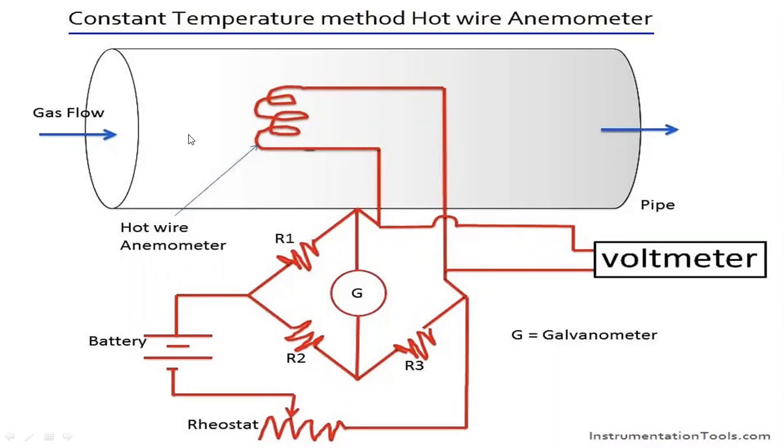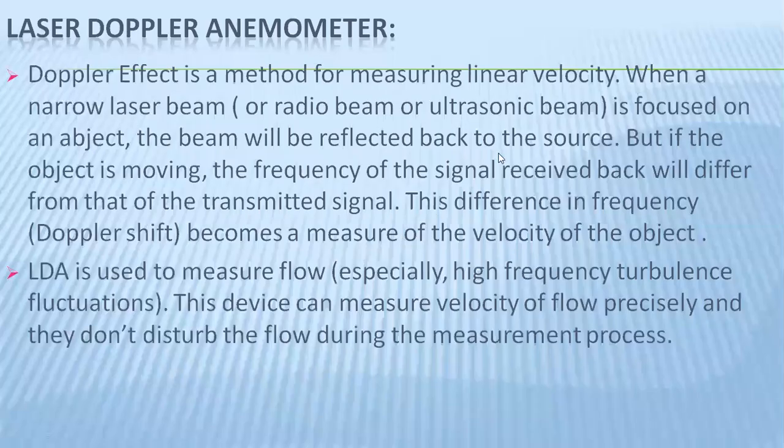As the gas flow passes through the hot wire anemometer, the voltmeter and galvanometer readings fluctuate, and we can calculate the flow rate of the gas using this device. So that is the constant temperature method of the hot wire anemometer.